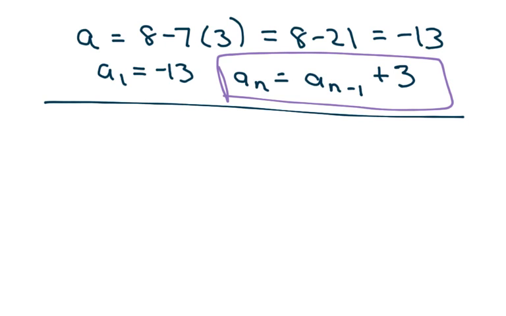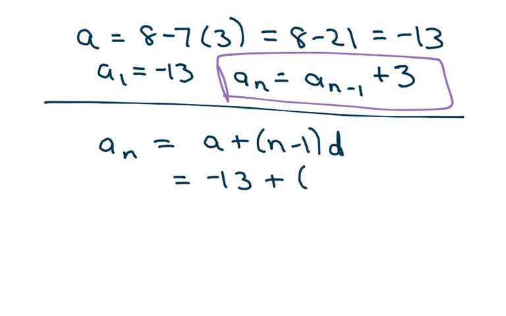Now for the nth term, so there's your recursive formula. For the nth term, a sub n equals a plus n minus 1 times d. So we have this equals negative 13 plus n minus 1 times 3, which gives us 3n minus 16.